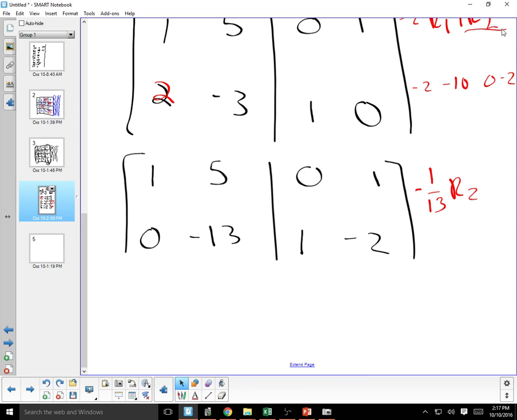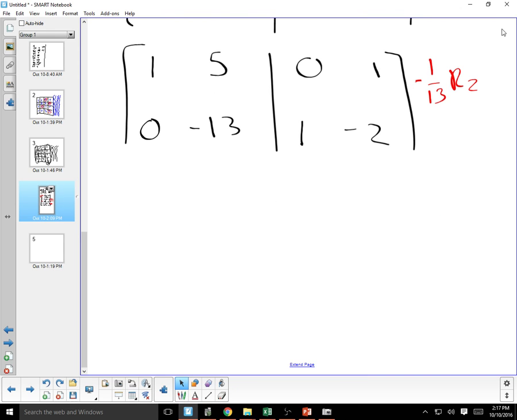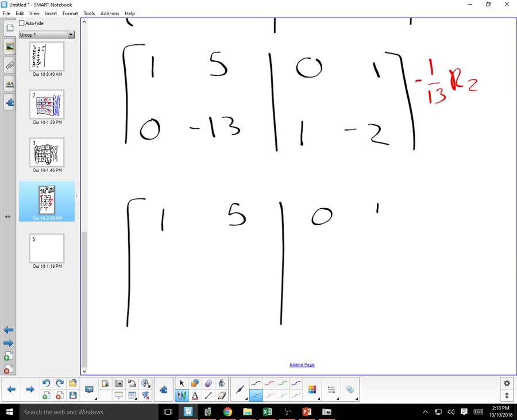So, there we go. Does the top row change in any way? So that's still 1, 5, 0, 1. What's 0 times negative 1/13? 0. What is negative 13 times negative 1/13? 1.